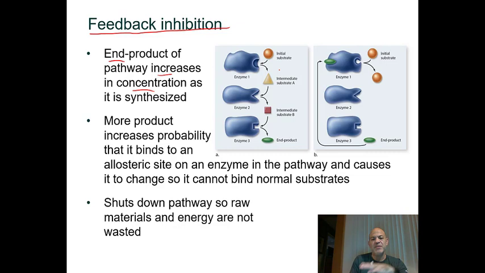So what's happening here is, if your end product is also an allosteric inhibitor, something we mentioned in the prior section, as you start building up the concentration of your end product, eventually there's so much of this molecule around, it starts to bind with an allosteric site on the enzyme, not the active site, but an allosteric site. And when it binds, it changes the shape of your enzyme, and the initial substrate can no longer bind.